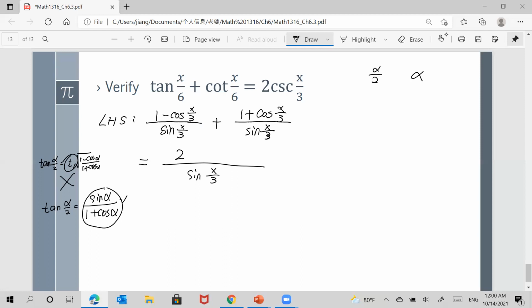I can make the line shorter, but it's fine. So 2 over sine x over 3. So the reciprocal, 1 over sine x over 3, is the cosecant of x over 3, yes. So the left-hand side equals the right-hand side. We proved this identity.